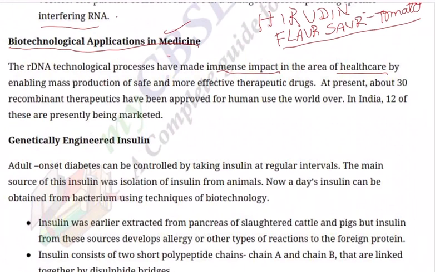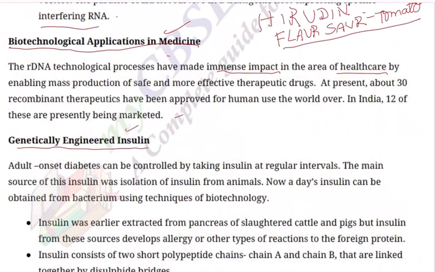That is the purpose. At present, about 30 recombinant therapeutics have been approved for human use the world over. In India, 12 of these are presently being marketed. One of the most important medicines that we are getting in India as well as worldwide is genetically engineered insulin for human beings.